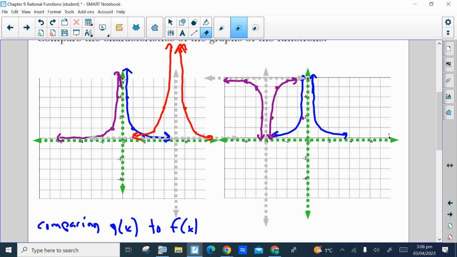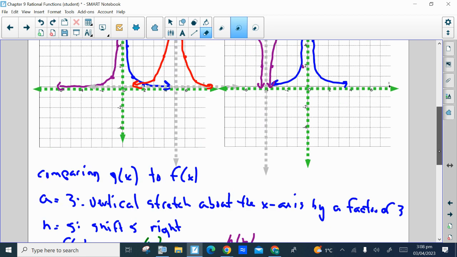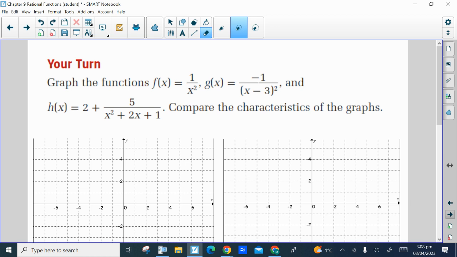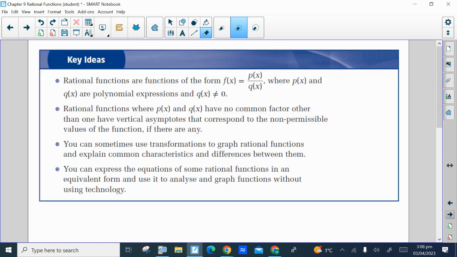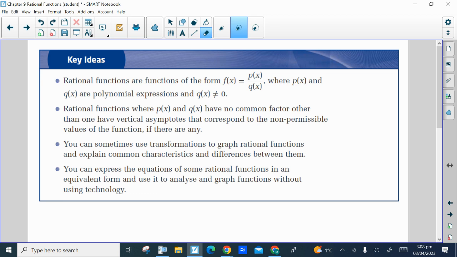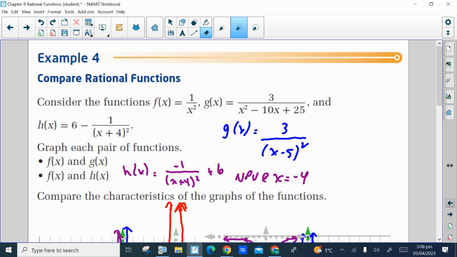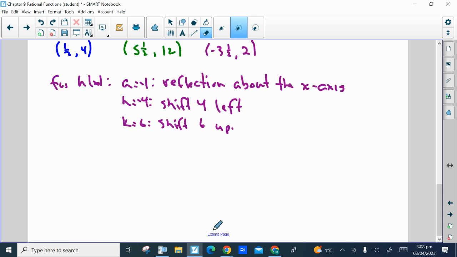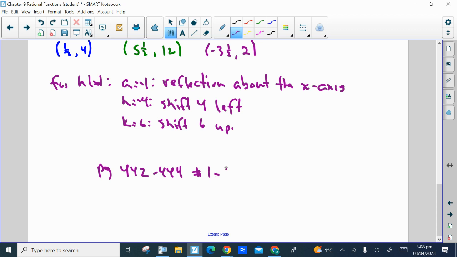Okay, we're going to stop there. We should be able to do page 450, (442) to 444, questions 1 through 4.